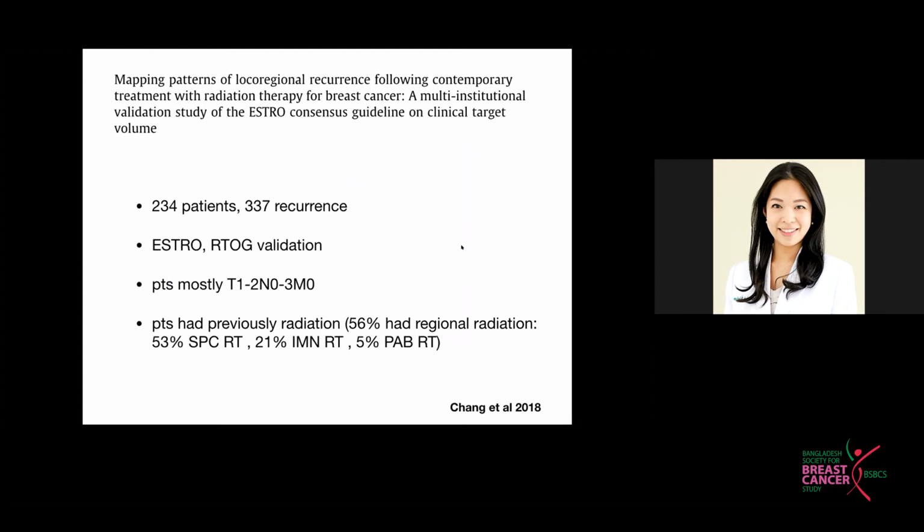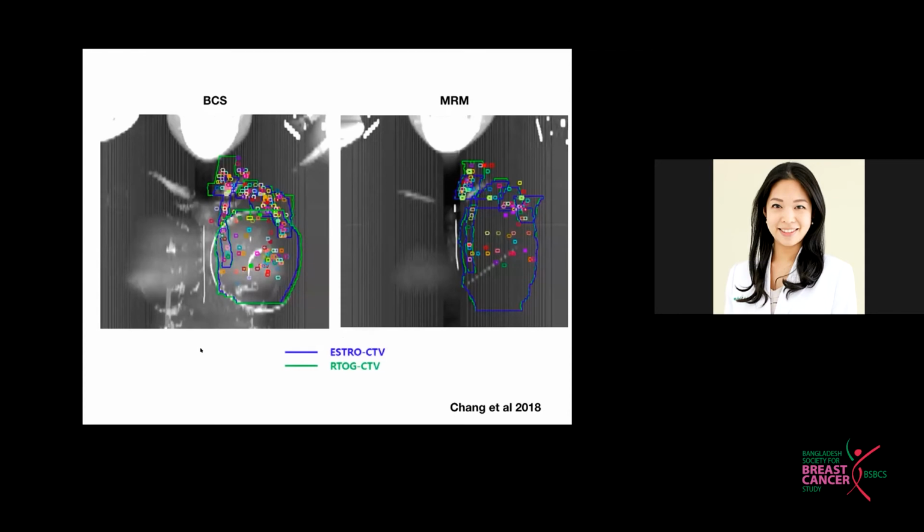And again, another study, studying 234 patients, mapped the estro and arterial G volumes. Patients were mostly T1-2 and 0-3 M0, and the patients had previous radiation. Half of them had regional radiation, 50% supraclavicular radiation.